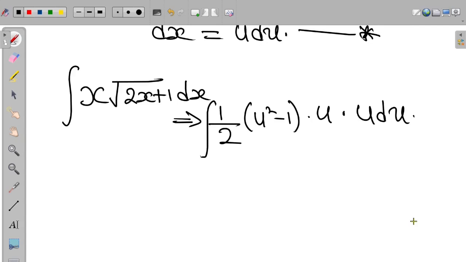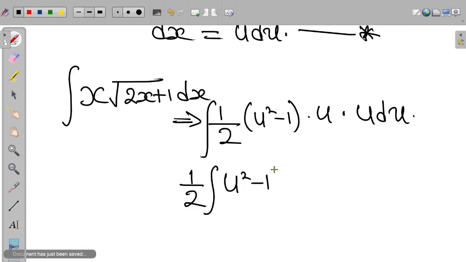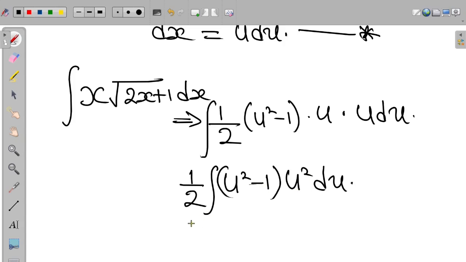So by simplifying, we have that u times u is u squared. So we have 1 divided by 2, which is a constant, integral of (u squared minus 1) multiplied by u squared du. So we use this u squared here to open up the bracket. So we have that 1 divided by 2 will be given as integral of u to the power of 4 minus u squared du.